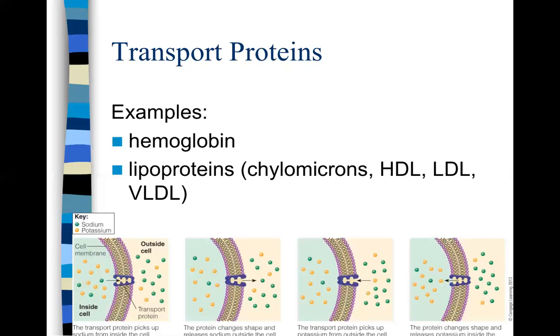Other examples of transporting proteins are hemoglobin, which transports oxygen, and lipoproteins, which hopefully you remember from our last chapter. Remember, lipoproteins are like our fat taxis, transporting cholesterol, triglycerides, and proteins around our body.